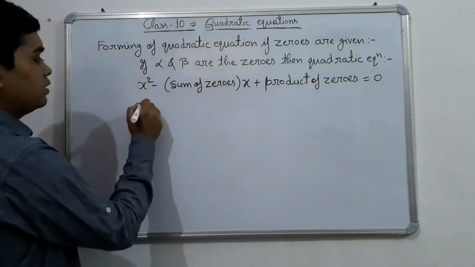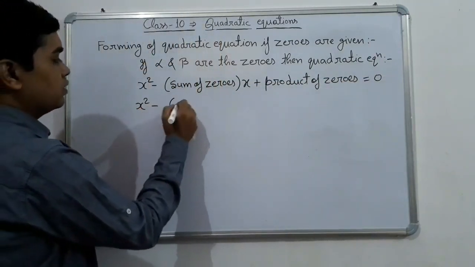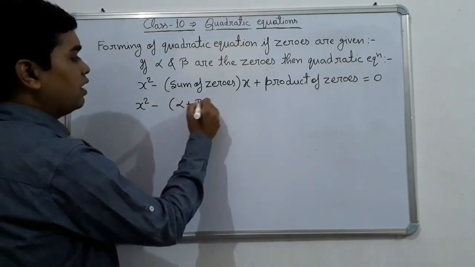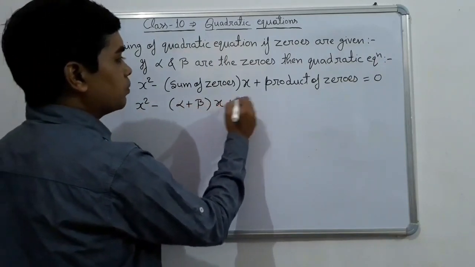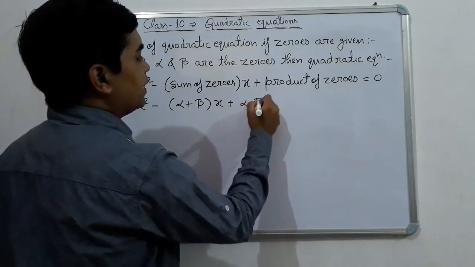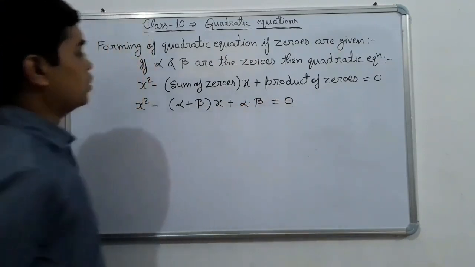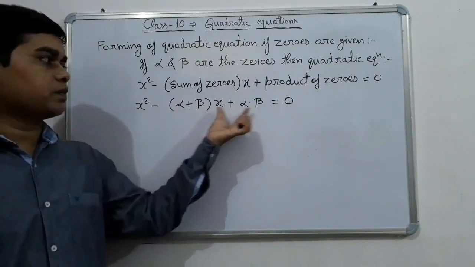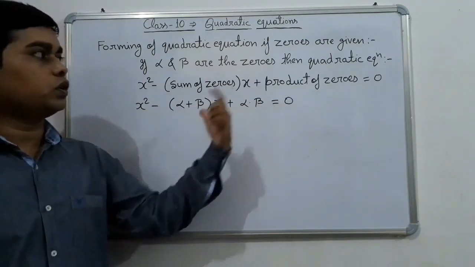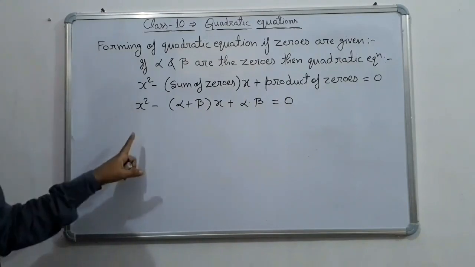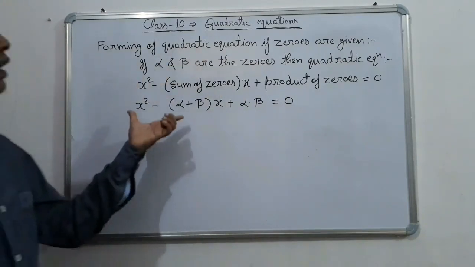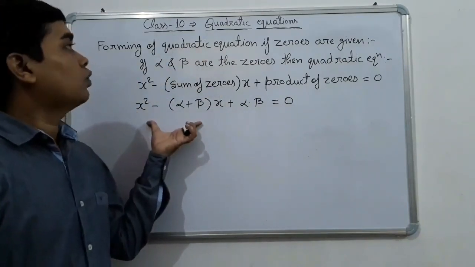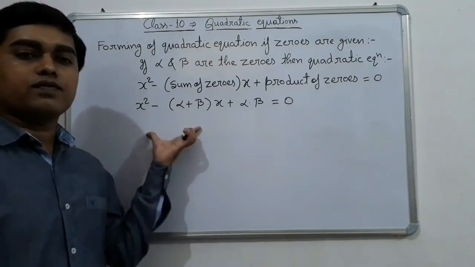We can write this equation as x square minus (alpha plus beta) into x plus alpha into beta is equal to 0. So if zeros are given, then we can form quadratic equation by this formula.